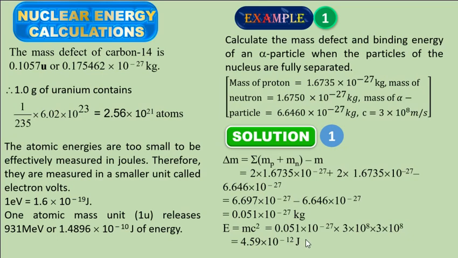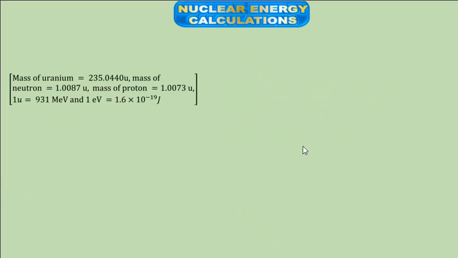This is the energy release when the alpha particle nucleus is fully separated into its basic particles, protons and neutrons. We are going to move to the next slide to continue with our study.